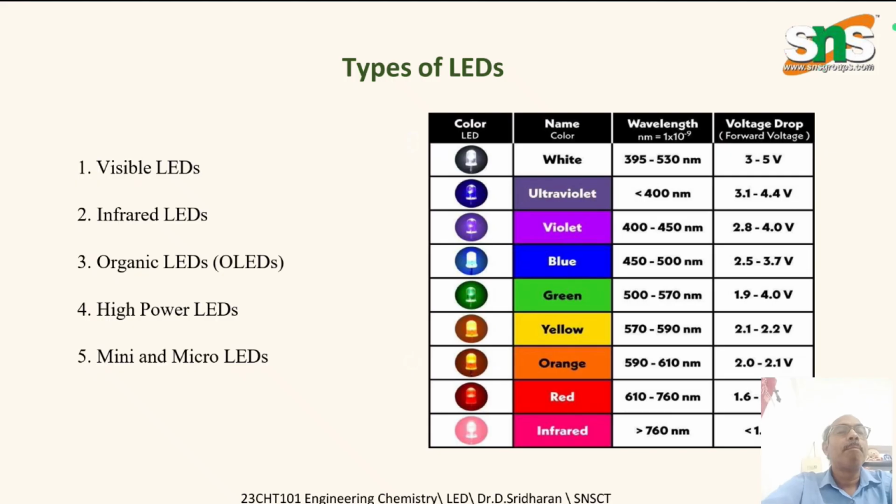The violet region wavelength is 400 to 450 nanometer, and the required voltage is 2.8 to 4 volt, and then blue, green, orange, red, like that. So there are visible LEDs, infrared LEDs, organic OLEDs, high power LEDs, and mini and micro LEDs. So depending on the wavelength and voltage, we change the colors.